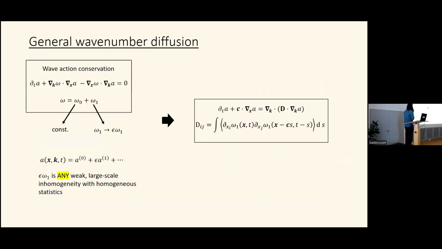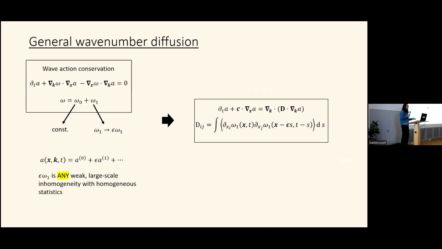And our wave frequency now, instead of being an intrinsic frequency plus a Doppler shift term, is a constant part, this omega naught, plus an inhomogeneous part, which is omega 1. And to derive our diffusion equation, we have to assume that omega 1 is small, so we put this epsilon in front, and then we make the same assumptions we made on our background flow about omega 1. So it's large scale and it has homogeneous statistics.